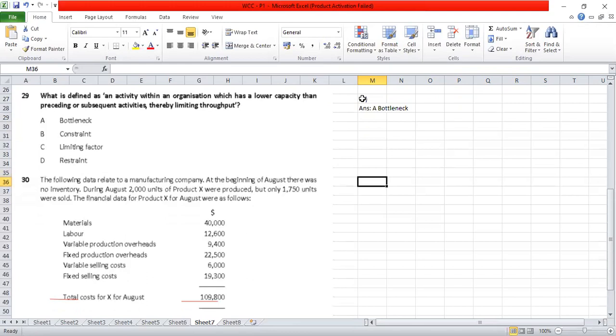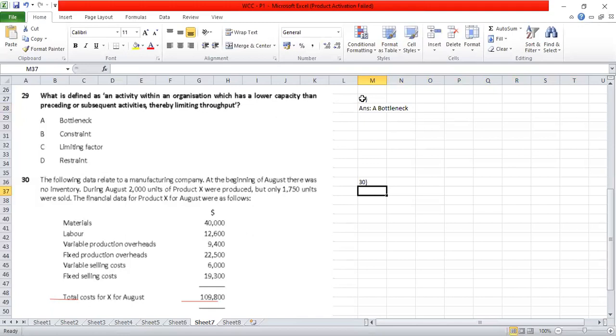Coming to the 30th question. The following data relate to a manufacturing company. At the beginning of August, there was no inventory. During August, 2,000 units of product X were produced, but only 1,750 units were sold. The financial data for product X for August were as follows.